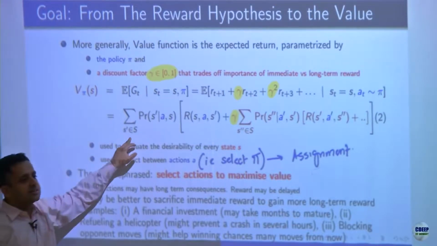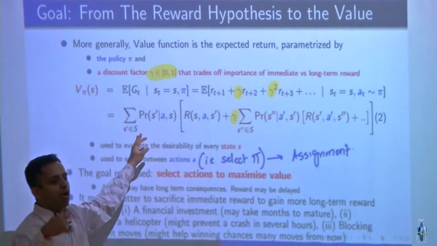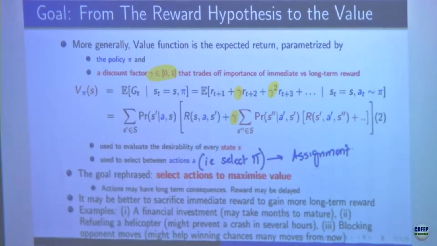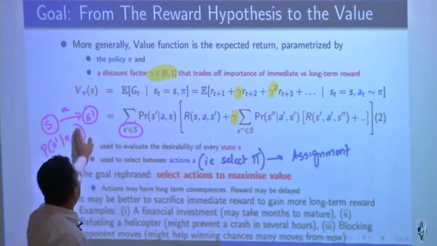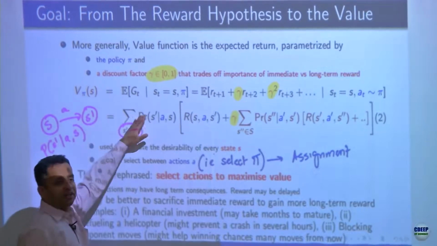V pi s is a summation over all the possible next states, right? So you are saying that I could have gone from S to any S prime, and the probability associated with this transition based on an action A will be multiplied with the expected reward I would have thereafter. What is the reward I would have thereafter?